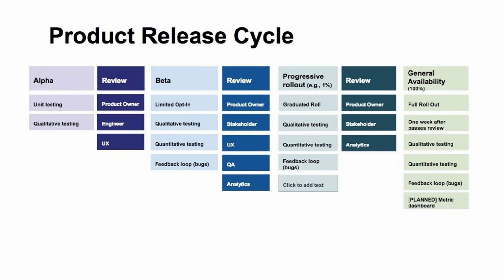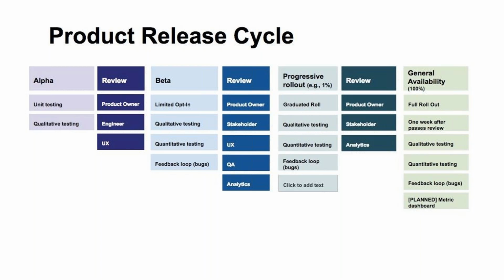You can do the alpha release to limited users, limited people, limited clients. Beta has a little bit more functionality and stability. Progressive rollout means you want to do the release, but not to the entire community or all end clients; you do the release phase-wise. General availability means available for everyone.